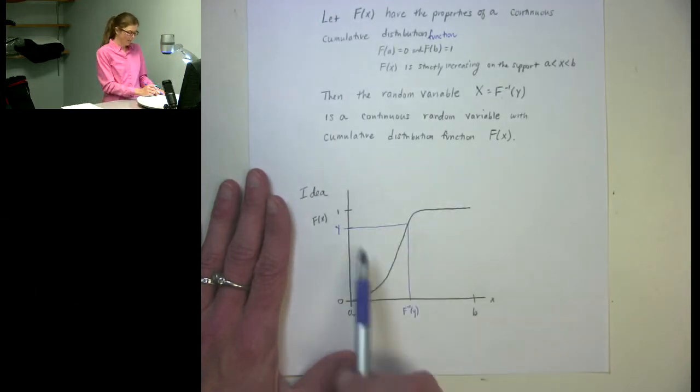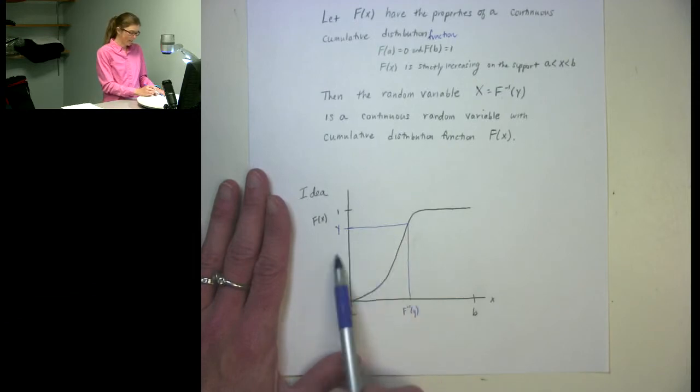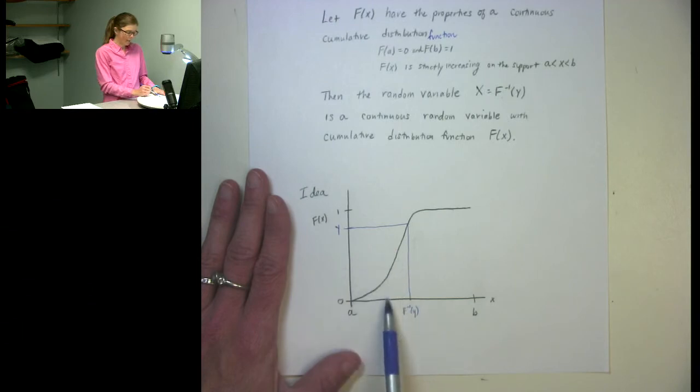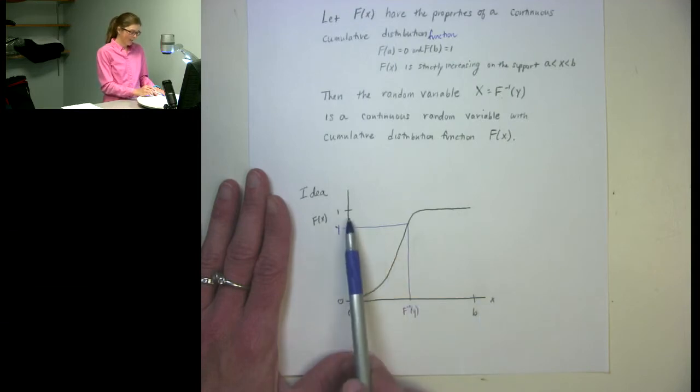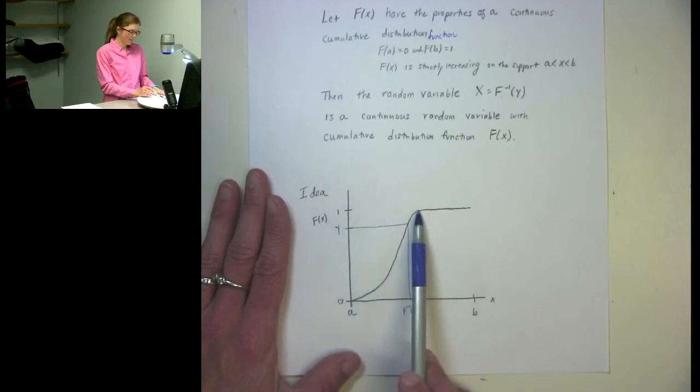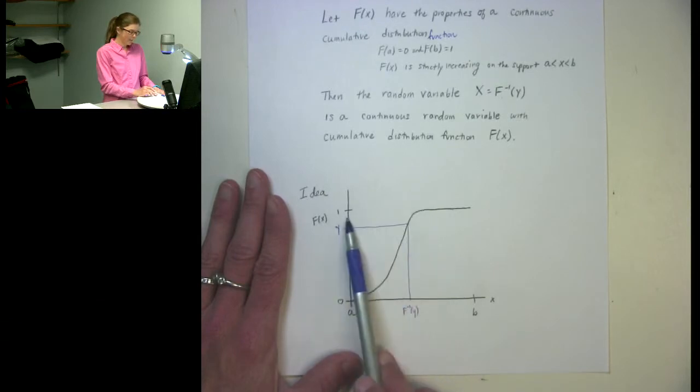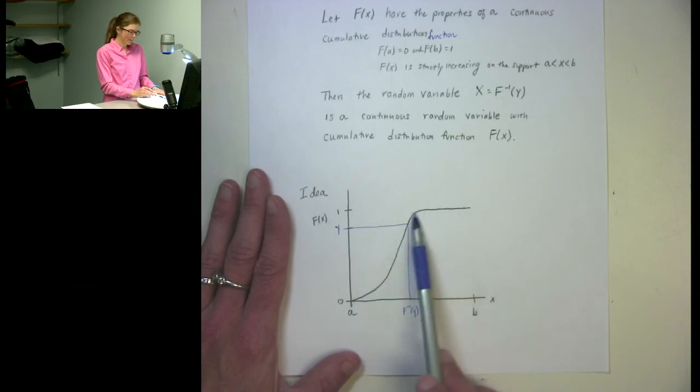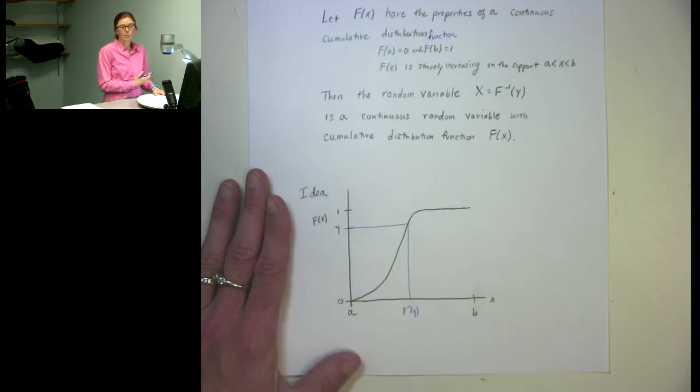We can see that if I'm someplace where the curve is very steep, there are going to be a lot of values in this uniform distribution that are going to map to that area of our x. If I have a place where the distribution function is not very steep, that would mean that the probability is small in these areas, and so I wouldn't have the cumulative probability adding up quickly.